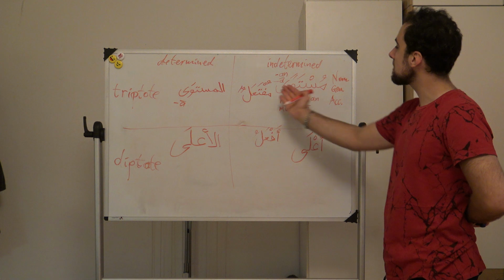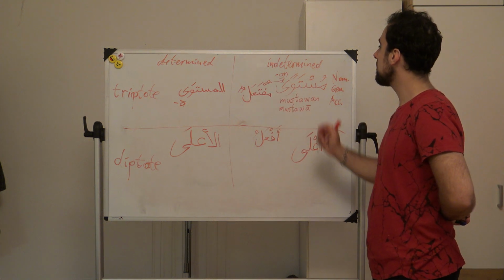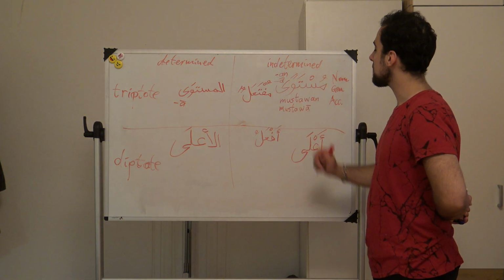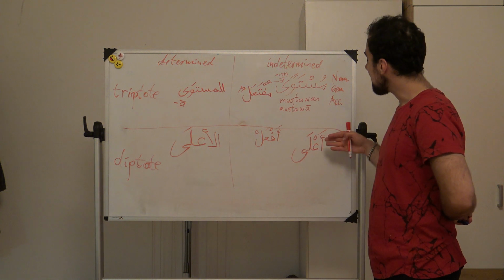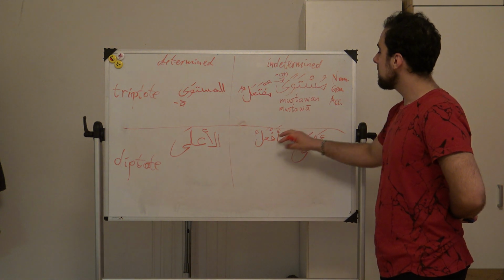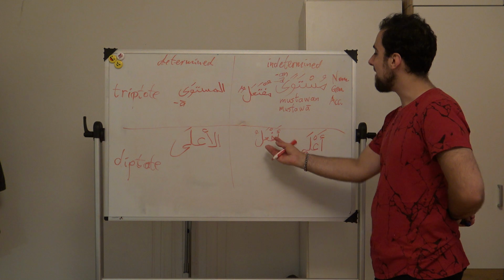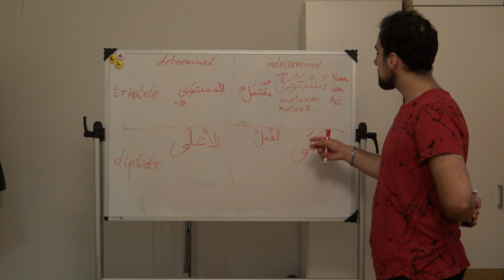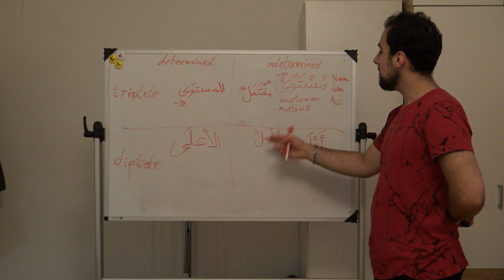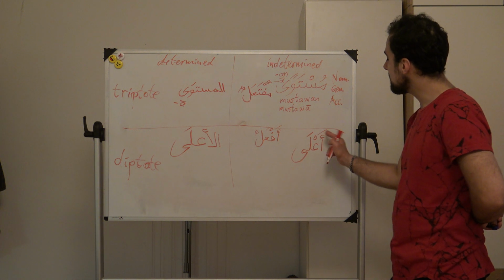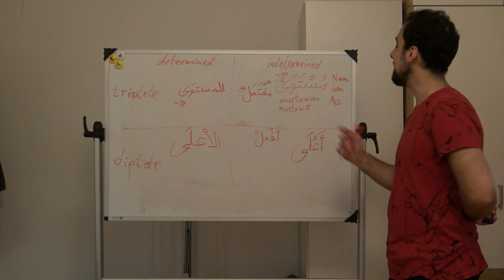For example, here it's mufta'al, it's triptote, so it must be mustawan, not just mustawa like here. But a'la is built according to the form af'al. So this is diptote, af'alu, af'ala, af'ala, so it will just be a long A. There's no such thing as a'lan.